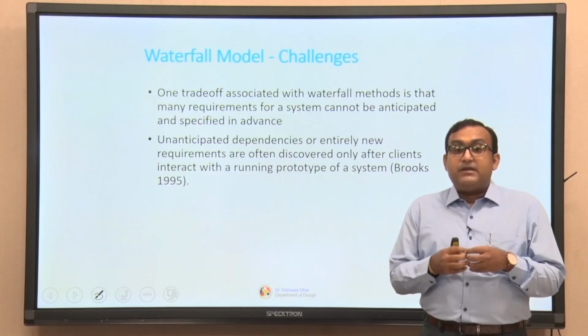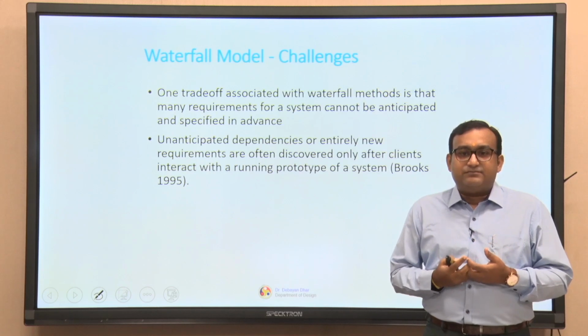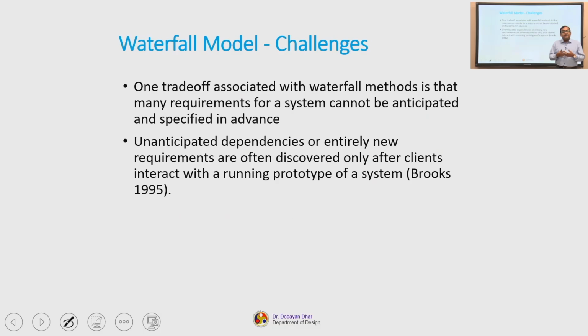Therefore, in systems that are complex in nature, unanticipated dependencies or entirely new requirements are often discovered only after clients or end users interact with the running prototype of a system, and this led to a lot of loss in resources, in terms of time and other resources like manpower involved in developing the software.